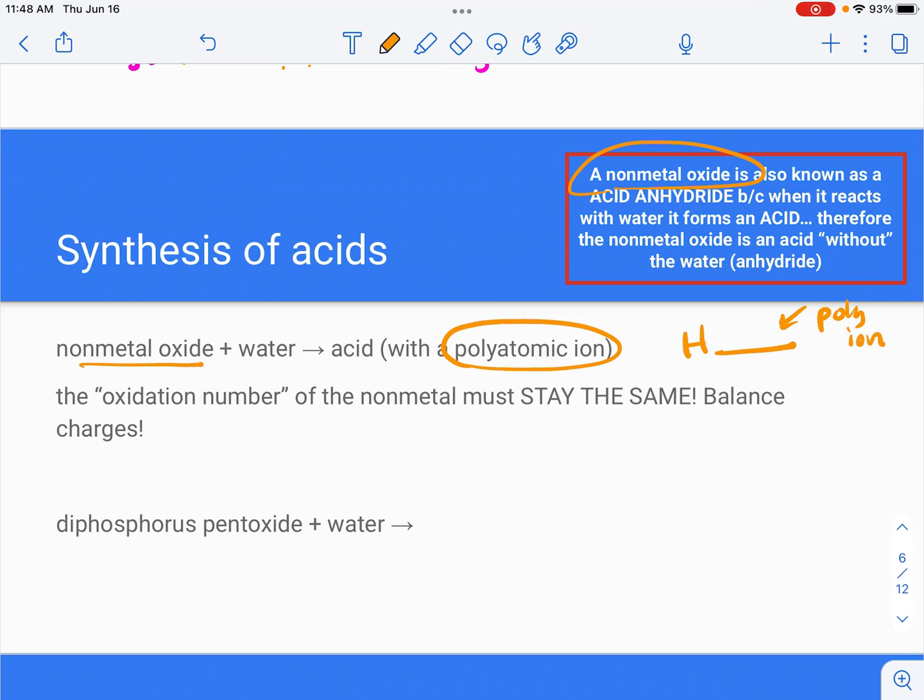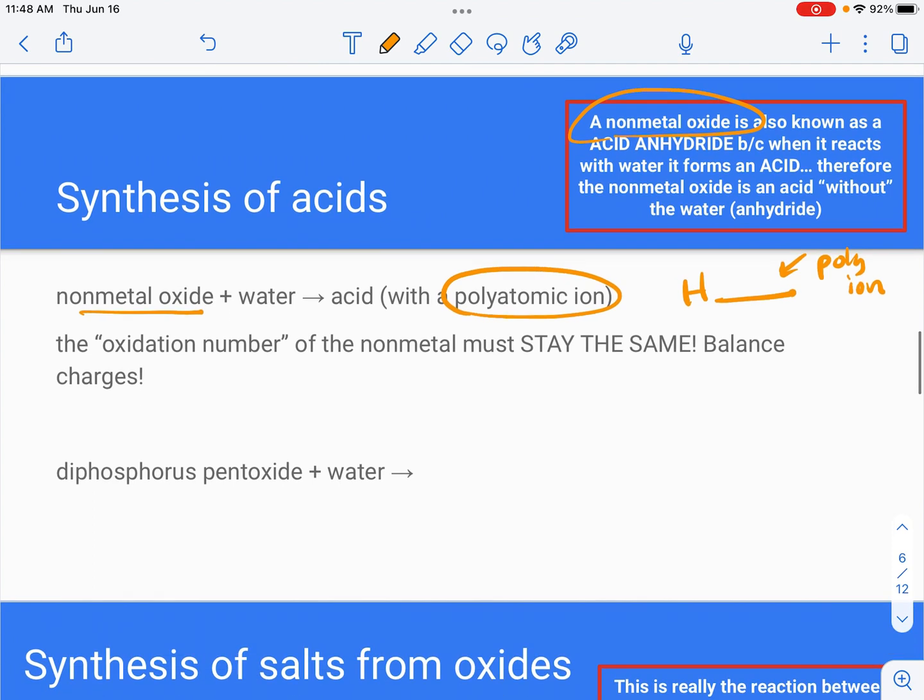The oxidation number of the nonmetal has to stay the same in both compounds. You don't know how to do oxidation numbers yet, and we'll learn this later, but it's essentially finding the charge of an individual element in a compound, even when there are more than 2 elements. And so we'll talk about that as we do diphosphorus pentoxide.